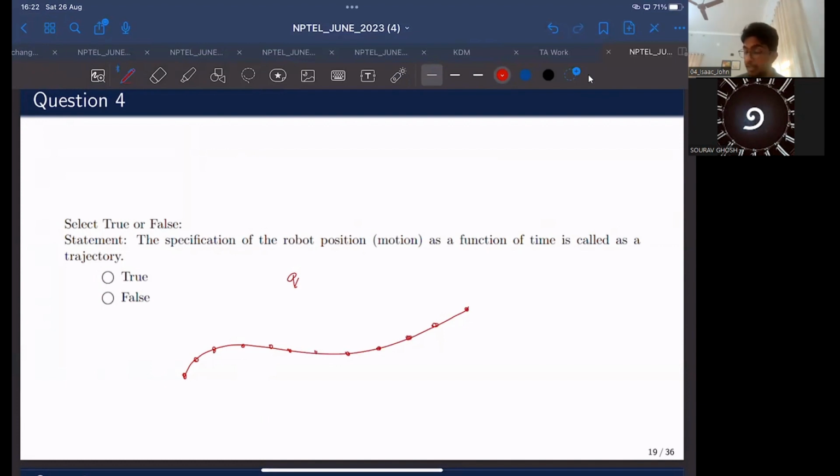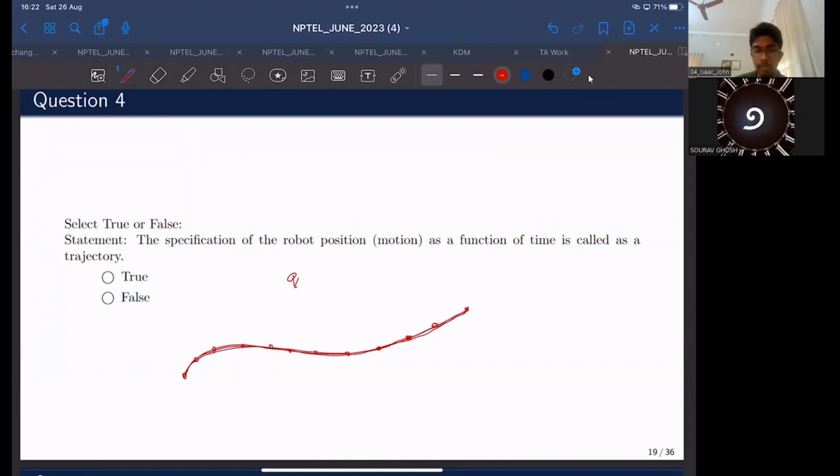But that is different if you are given some time constraints. How you would be traversing through this given path will always be a function of time, right? Without the consideration of time, this is nothing but simply a path.